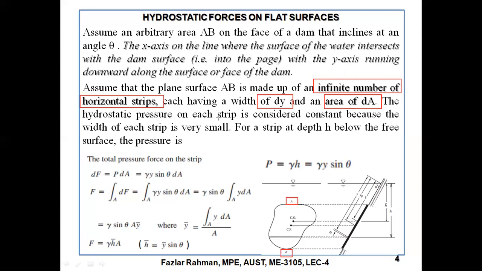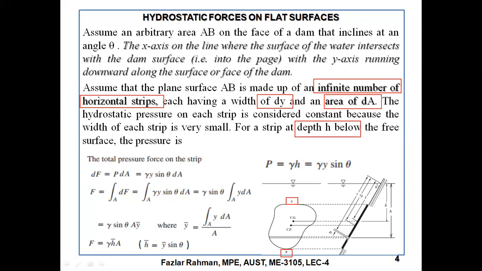The hydrostatic pressure on the strip is considered constant because the width of the strip is very small, and for a strip, the depth is H below the free surface.